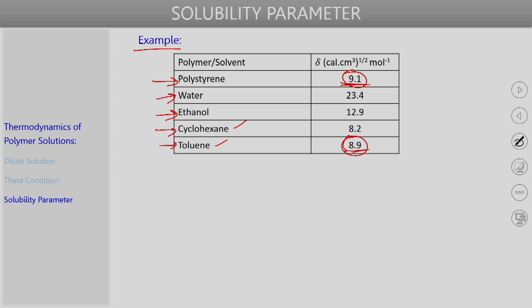But this Hildebrand solubility parameter approach is actually not applicable to these 2 solvents, because these 2 solvents are quite polar and show presence of hydrogen bonding as well. So, for these 2 solvents, one should basically avoid the direct use of the solubility parameter approach of Hildebrand to predict solubility.